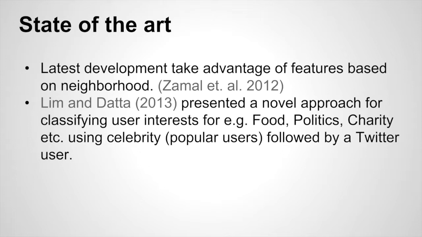For example, if someone is following McDonald's, Subway, Wendy's, etc., there is a good probability that the user might be interested in fast foods. So this is one great motivation for us to use popular neighborhood such as celebrities in our datasets as well.